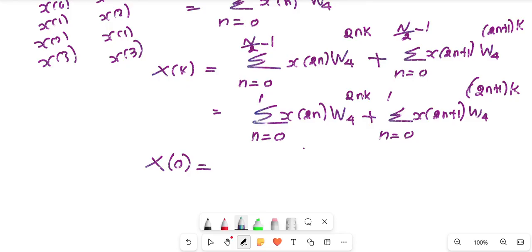So what does the symmetry property say? X of 0 is equal to F1 of k plus the twiddle factor W_4^k into F2 of k.